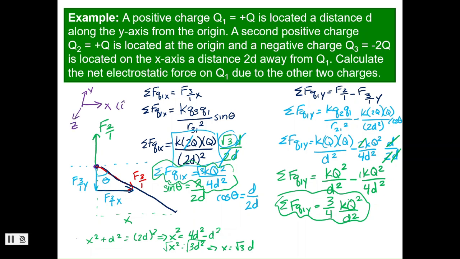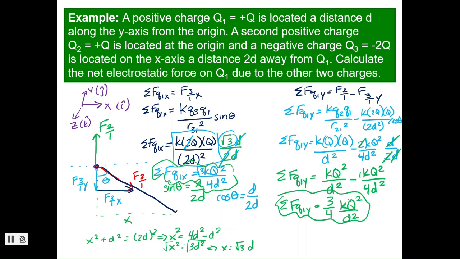X is i hat, y is j hat, z is k hat. And you can have your positive and negative. If you are unfamiliar with unit vectors, I strongly suggest you find some tutorial videos specifically on unit vectors. I'll try and add one in if I remember. It's something I normally teach in University Physics 1, but I know not every teacher does.